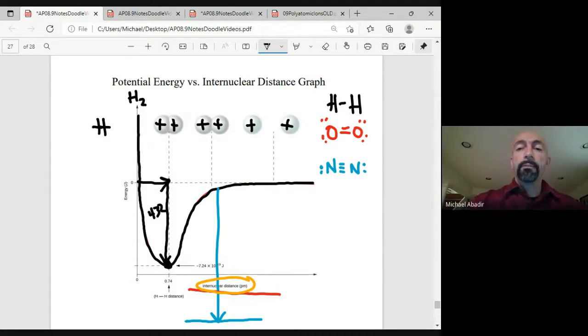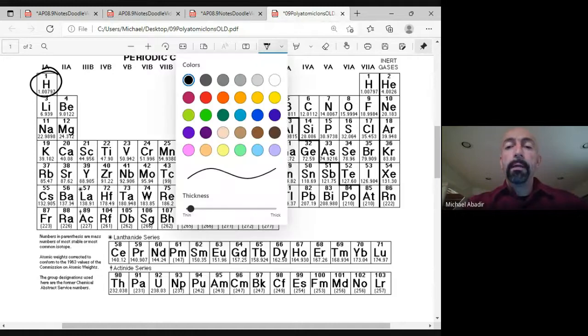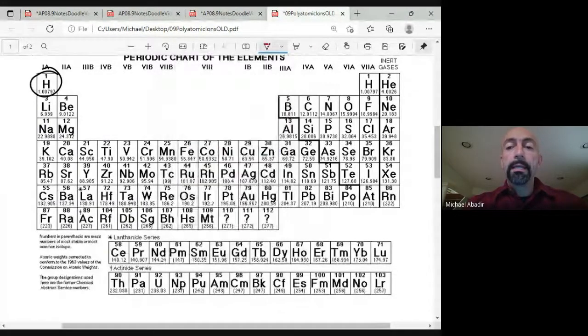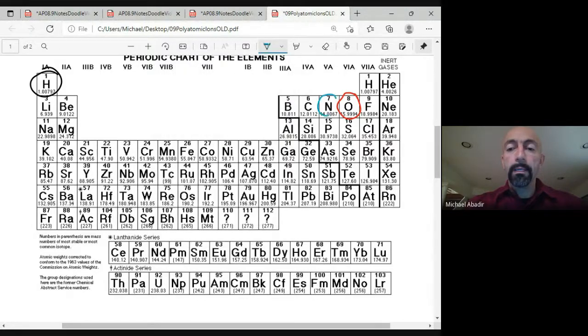So if you go back to our periodic table, remember we learned about the trends: hydrogen ends in 1s, whereas nitrogen and oxygen end in 2p. What we have learned in the past is that as you go to the upper right, you're going to be a smaller size.